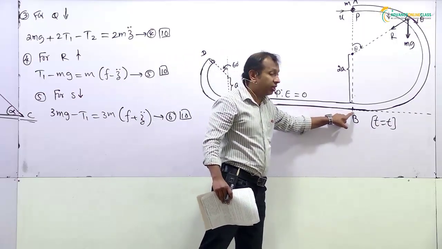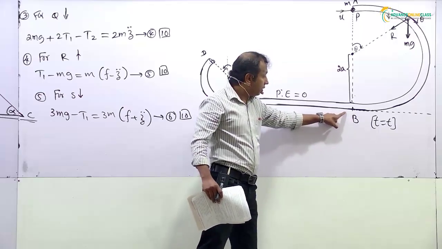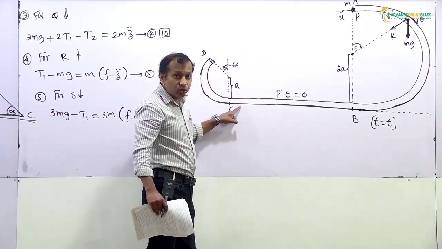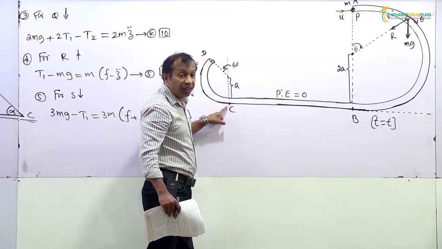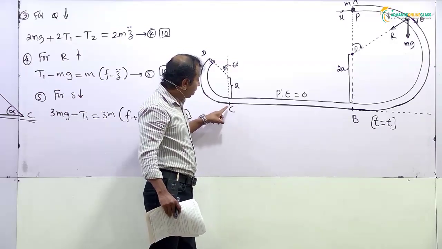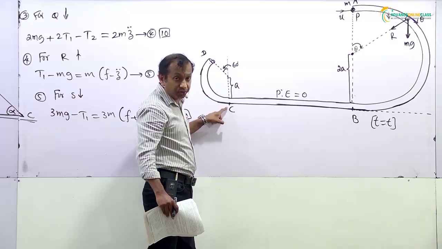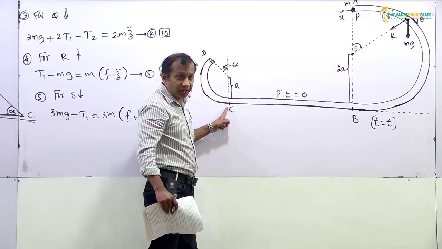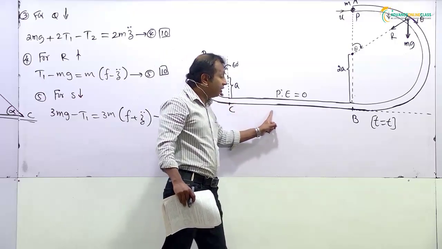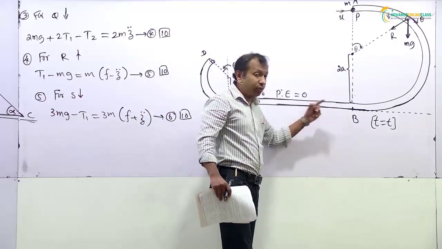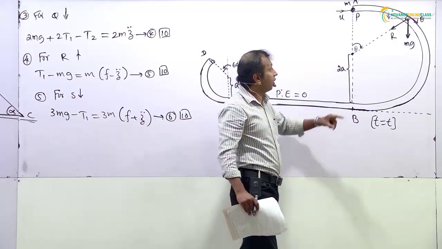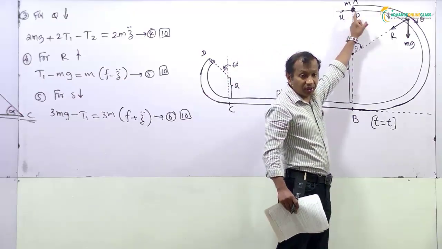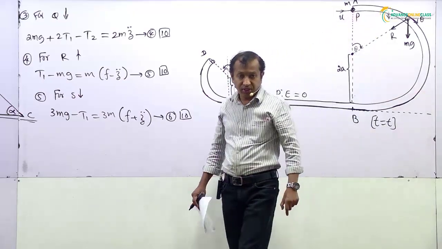Once it came to here, it had 1,000 rupees. It spent 200. Now the particle has, when it comes to point C, 800 rupees. So therefore, the amount of money the particle has, 800, plus the amount it spent in moving from B to C, the total is equal to what it had here.